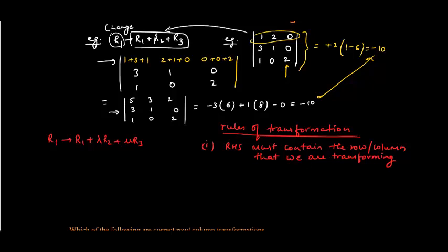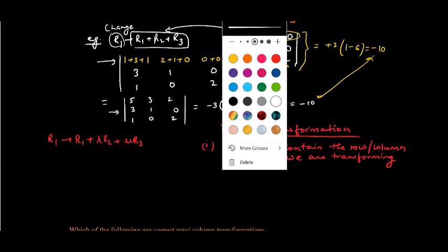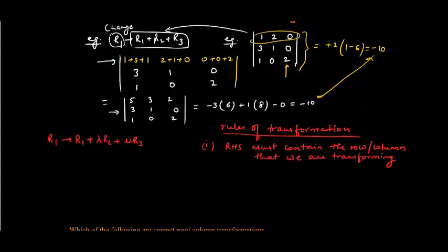So what you can see here is that the right side, let's say in this particular case, the right side should contain the row which I am transforming. So in this particular case I was transforming R1, so the right side also contains R1. This is the first rule.